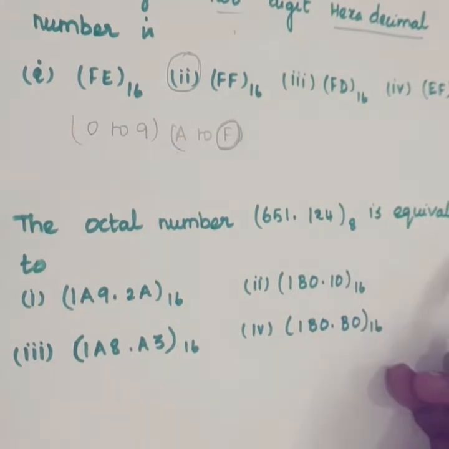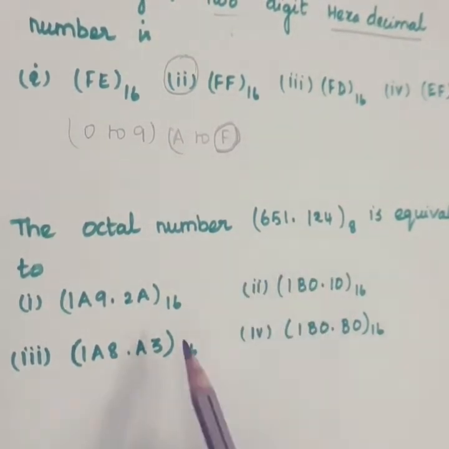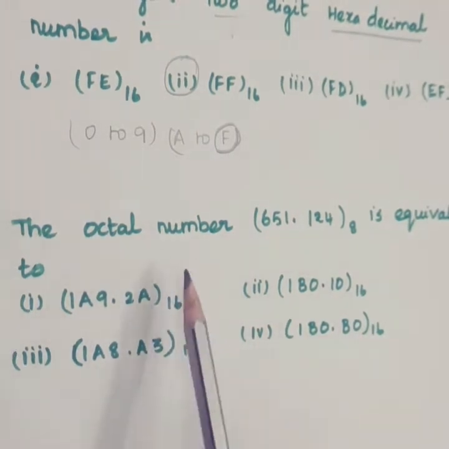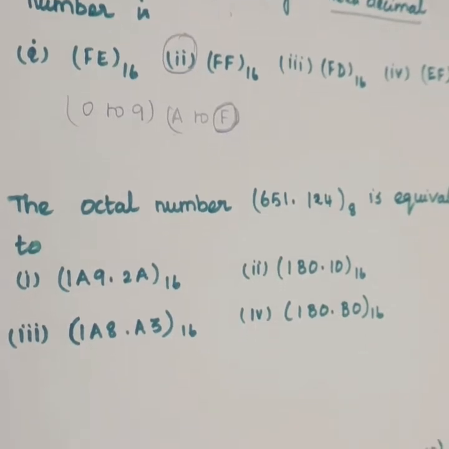651.124 is equivalent to what? Here in the answers all are base 16, that is hexadecimal, so we have to convert this octal number into hexadecimal. How do we convert an octal number into hexadecimal?